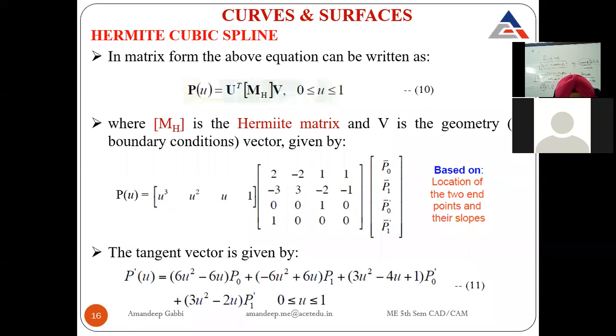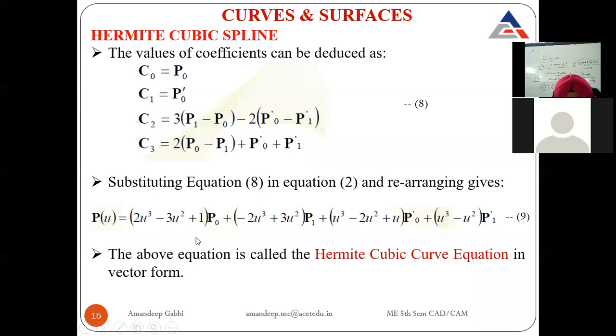If you want to elaborate, you can elaborate this also. In the matrix form, you can write it as U T, the unit matrix for U, then matrix H, that is 2, 3, 1.